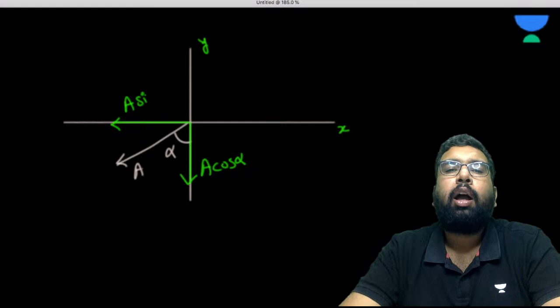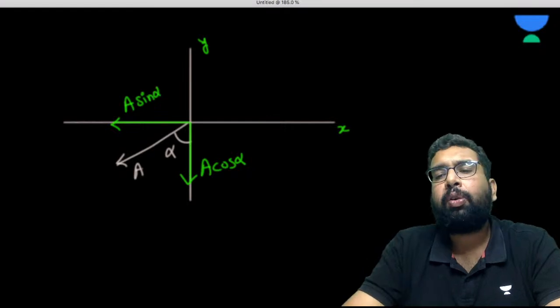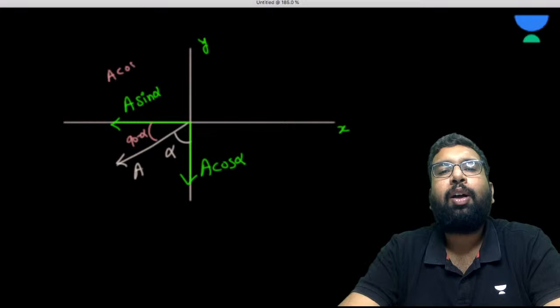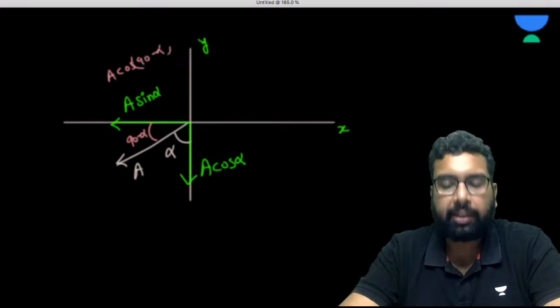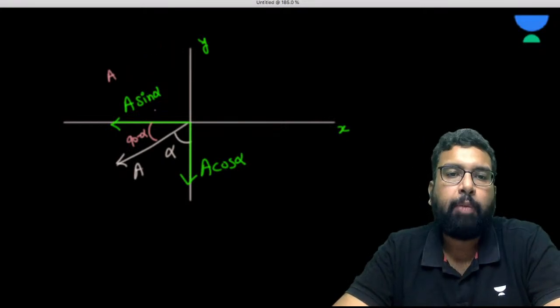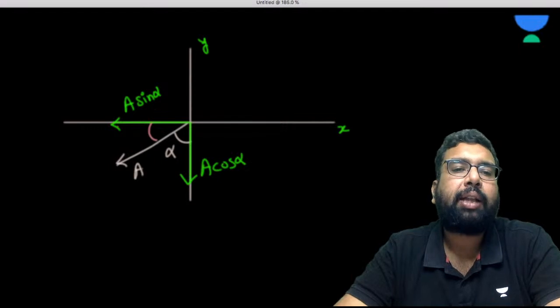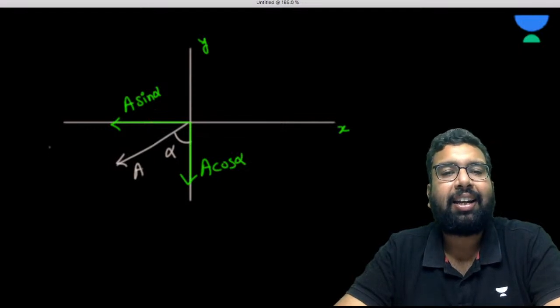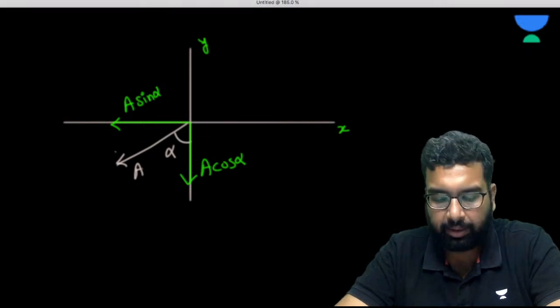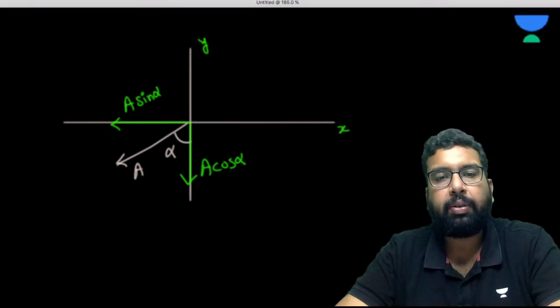This sine alpha came from 90 minus alpha, so you can write A cos(90 minus alpha), and cos(90 minus theta) is equal to sin theta. That is where the sine comes from. But we cannot always do this 90 minus alpha thing; it will take more time. That is why we remember it this way. Understood? Please tell me yes or no.